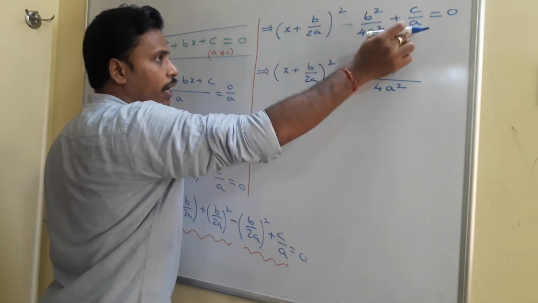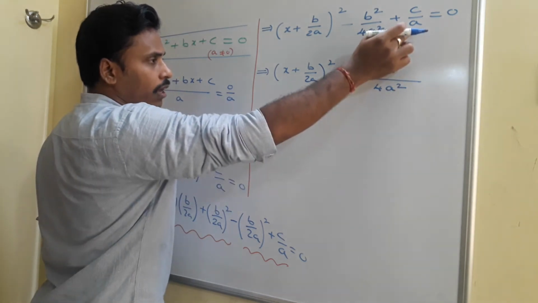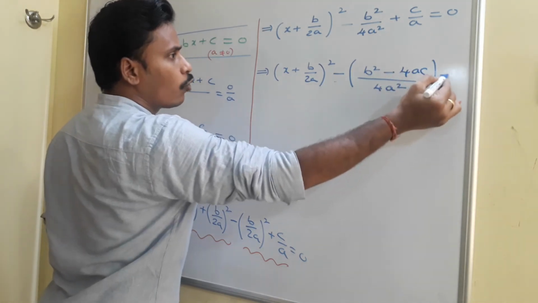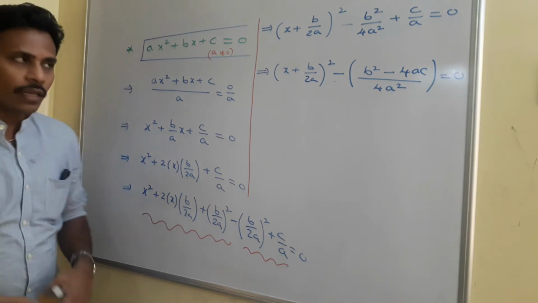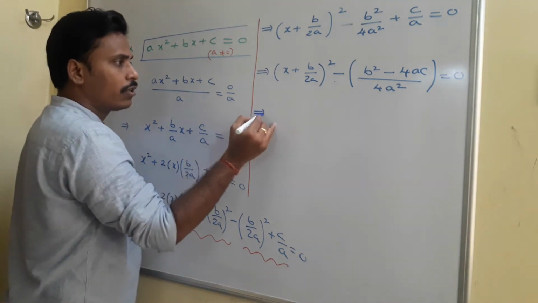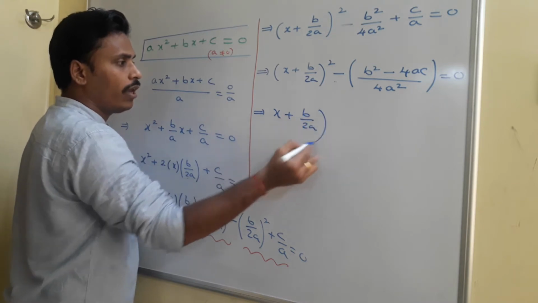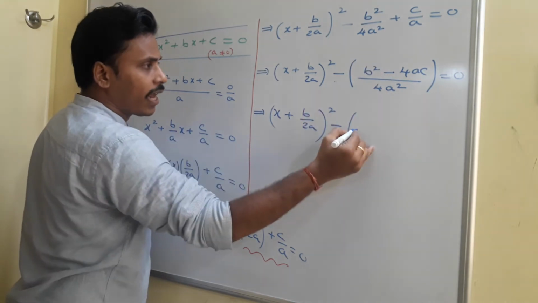And then here the denominator is a. So to make it 4a square, I need to multiply by 4a. Then I need to multiply c also by 4a. Minus 4ac is equal to 0. Is it right? Right, exactly. And now this implies x plus b by 2a whole square minus, I just rewrite it like this.